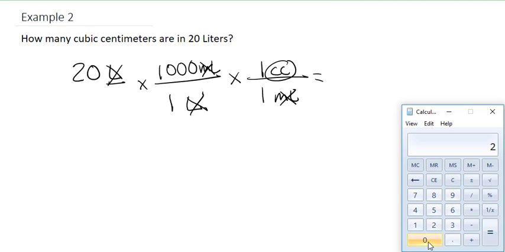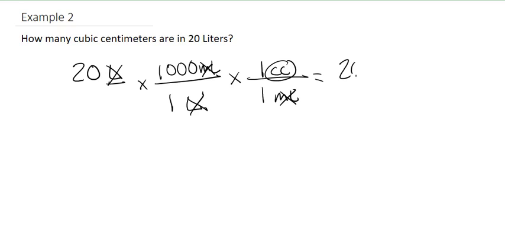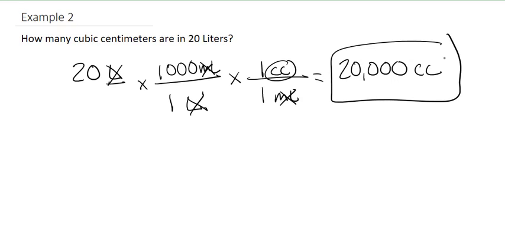So 20 times 1,000 is equal to 20,000. Now we go 1 times 1, which is just 1. So 20,000 over 1 is just 20,000. So we put 20,000 cc. So 20 liters is equal to 20,000 cubic centimeters.